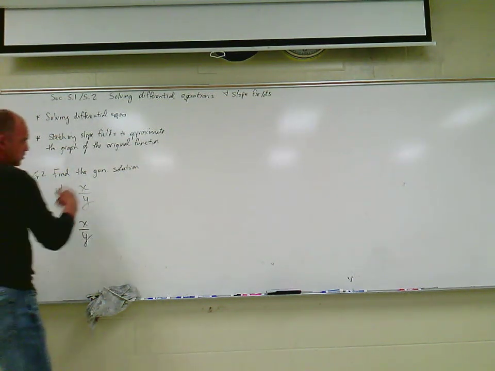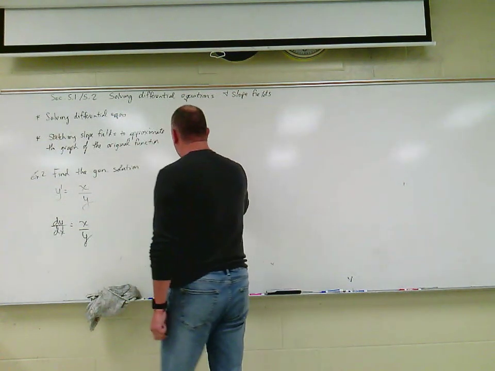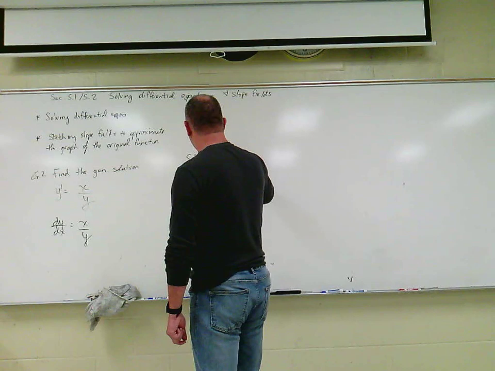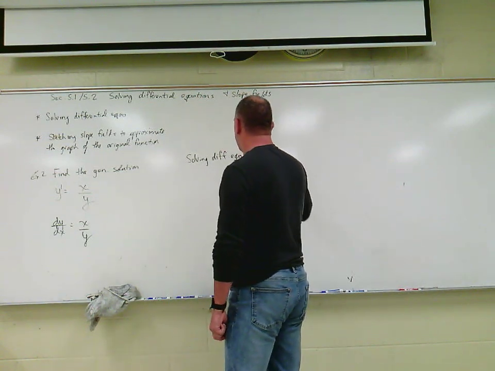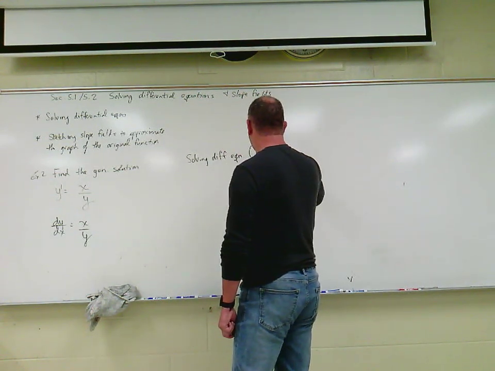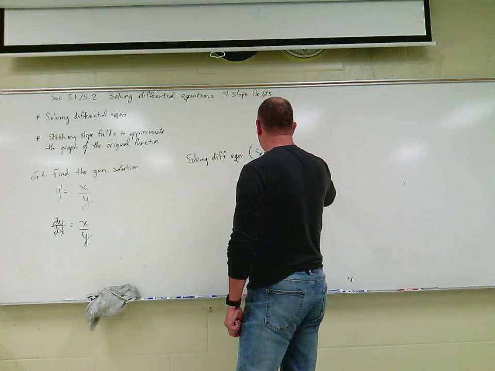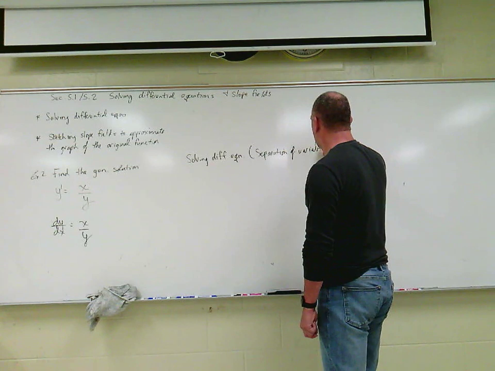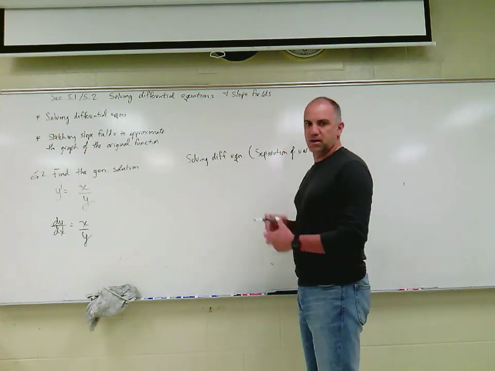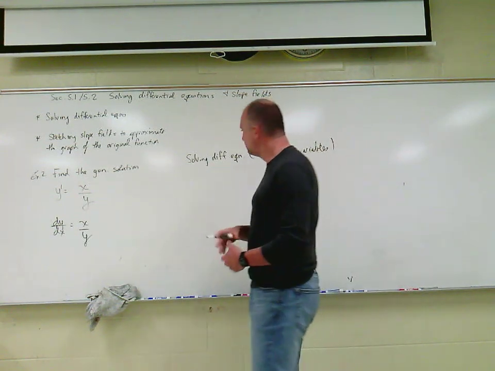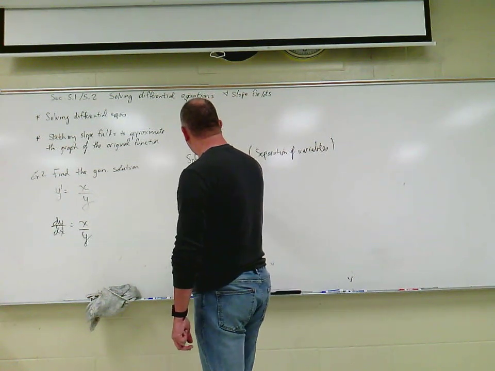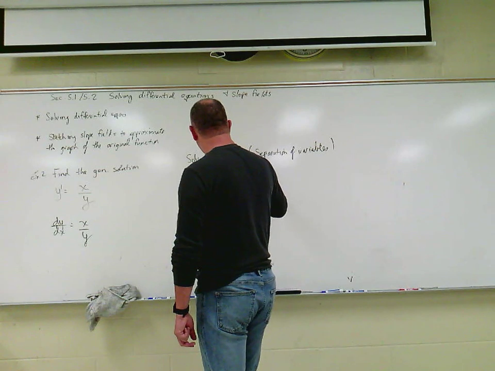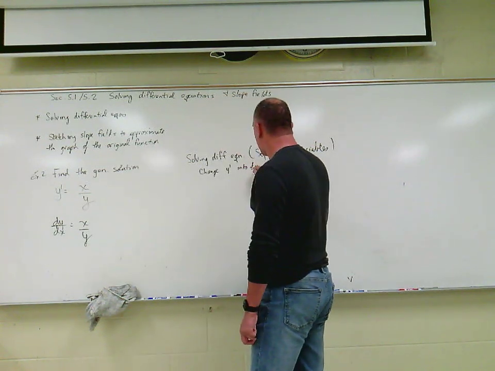So if we want to list our steps here when we're solving differential equations, we're basically trying to separate our variables. So separation of variables, where we get x's and dx on one side and y's on the other, okay? So first thing, we're going to change y prime into dy over dx.